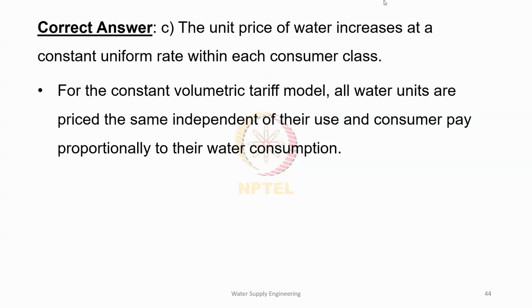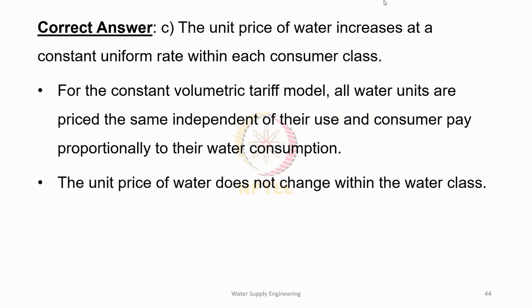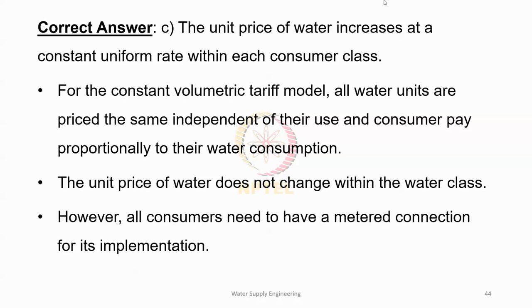The unit price is independent of the use and consumer class, and it does not change with any water class. So all consumers need to have a metered connection for implementing volumetric tariff model.